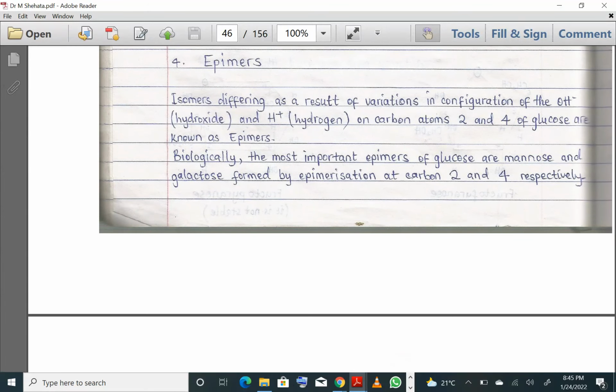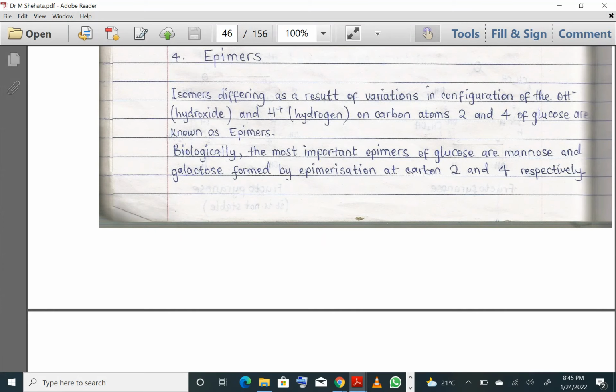Then the other concept which is important is epimers. The relationship between glucose, mannose, and galactose is epimerization.